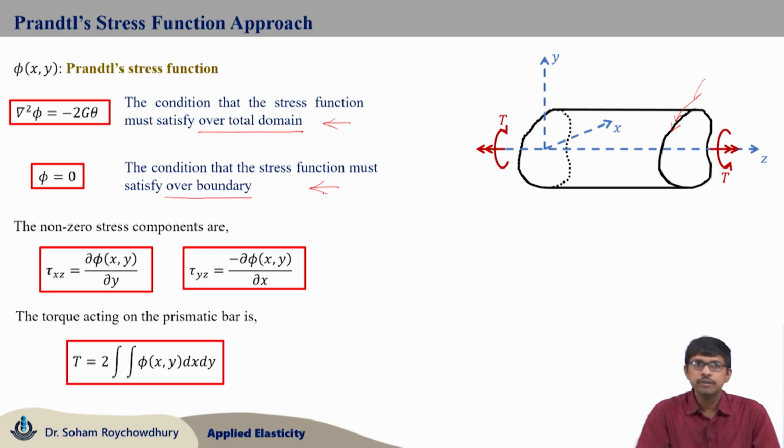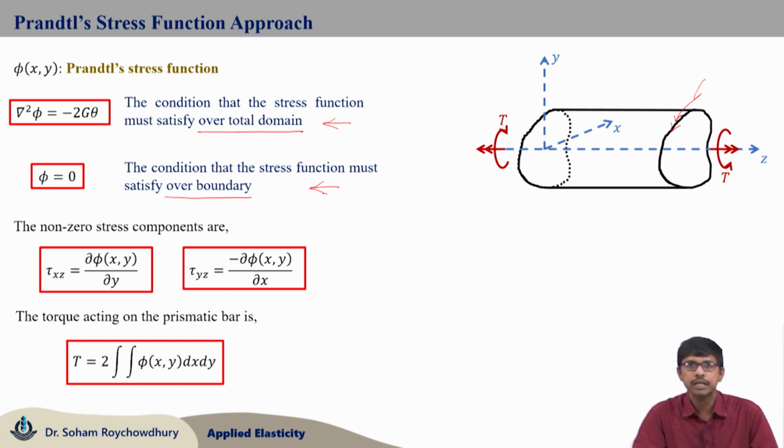Then with respect to phi, we can obtain the non-zero shear stress components, we can find the point at which the maximum shear stress is generated, and finally, we can find the amount of torque in terms of that stress function, which would give us a T theta relation between the applied torque and the resulting angle of twist.